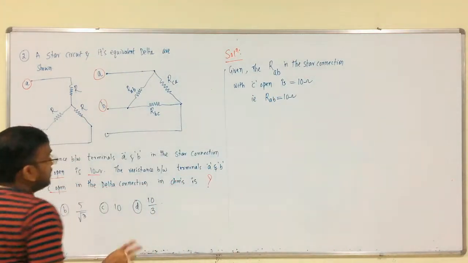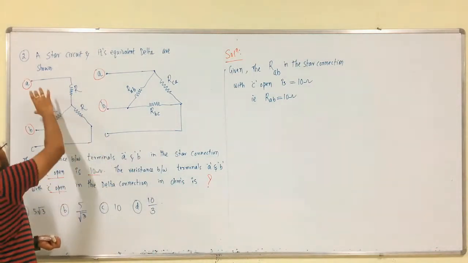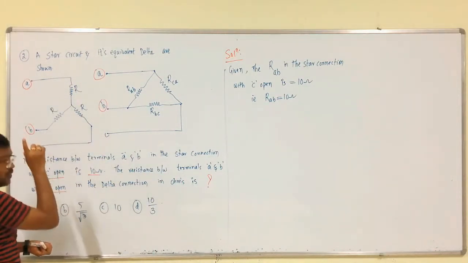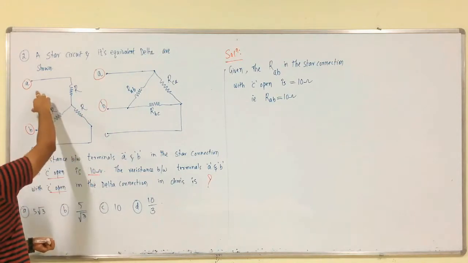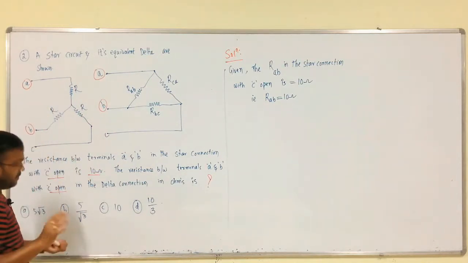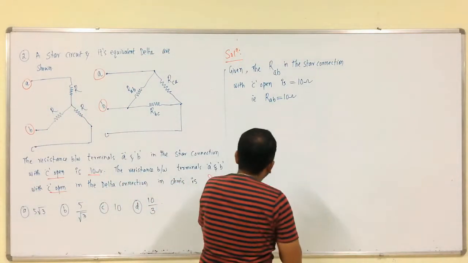We all know that the resistance between terminals A and B with C open means we have to see between these two terminals with C open.